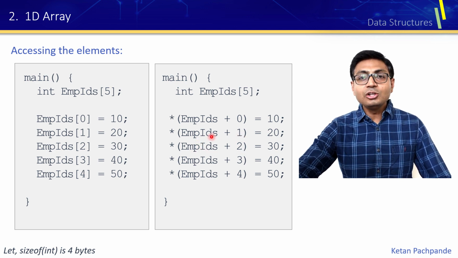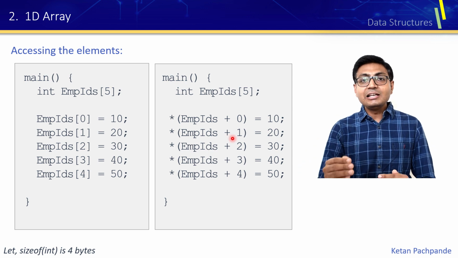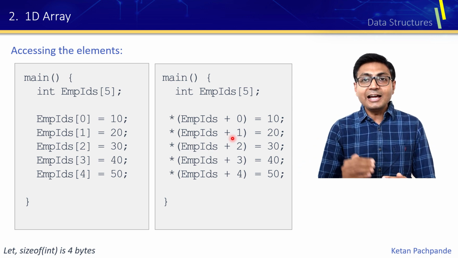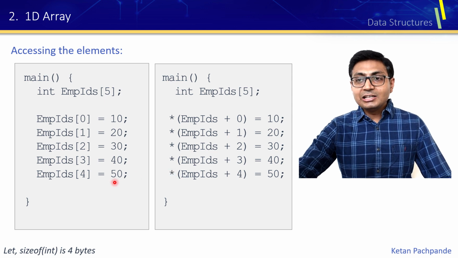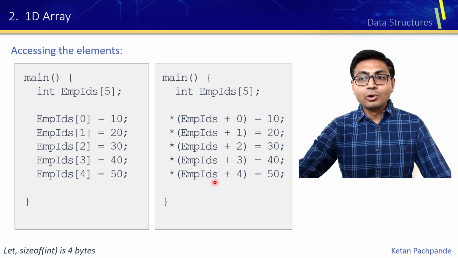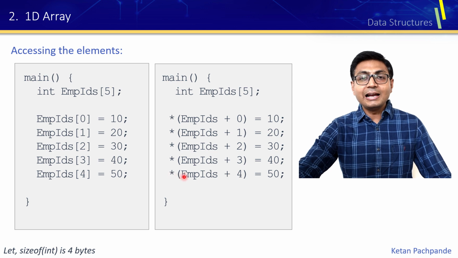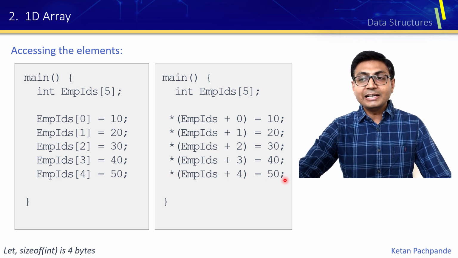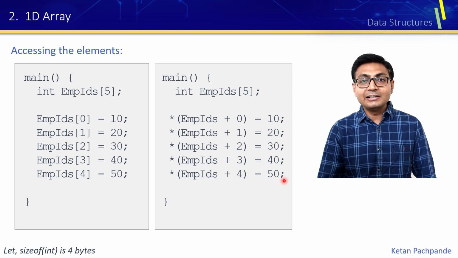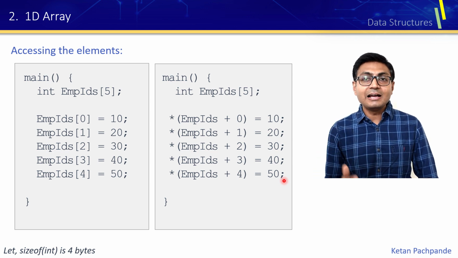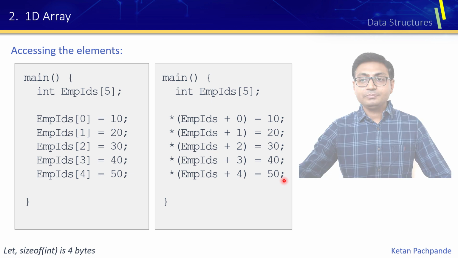So you can add the offset to the first element's address and access that particular element. To access the last element, I can say employee ID plus 4, and the value at that address would be 50. That's how you can either modify the data at that address or read the data from that address.